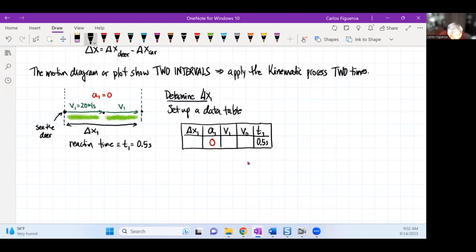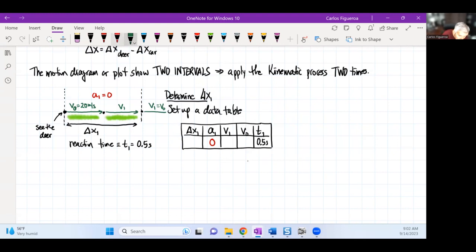Now let's look at my initial and final velocity here. Note, I wrote this as V1, and I also wrote this one right here as V1 as well. So the initial and final speed of this interval, I'm going to just change this lightly. This is V0, but V0 is the same as V1.